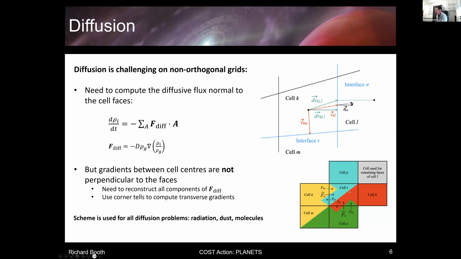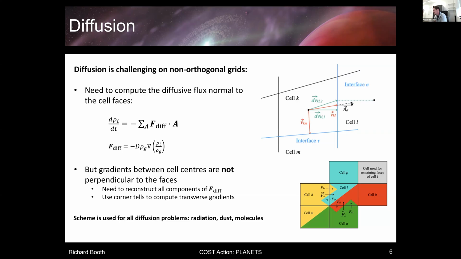So this essentially involves coupling some extra cells into the problem. There's an example here. If we're computing the flux between these 2 cells here, this flux depends on not only the 2 cells either side of it, but it also ends up depending on this cell down here in the bottom left and the one up here. So we end up with a slightly bigger stencil.